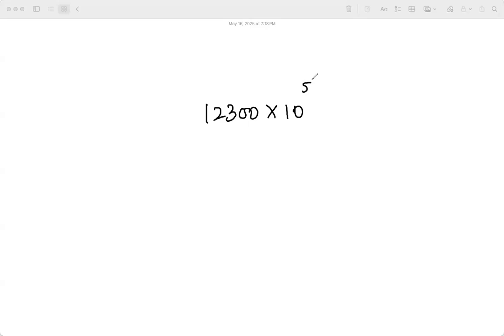So you have to convert it to what? 1.23, correct? How will you convert it to 1.23? You divide it by 10. Correct.